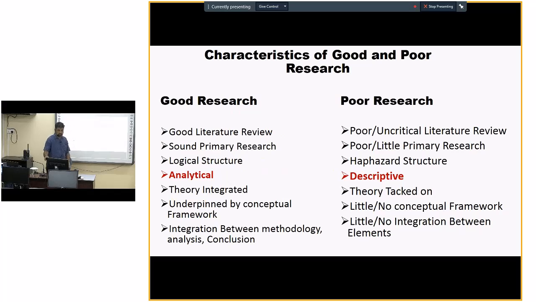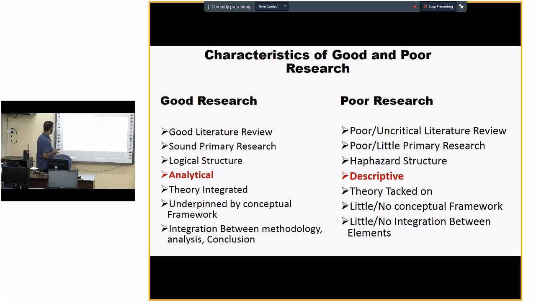Now this is a good argument relating to this research: good versus poor research, right? Before completing your research, before implementing your data collection process and other tasks, it is better to consider these matters also, right?